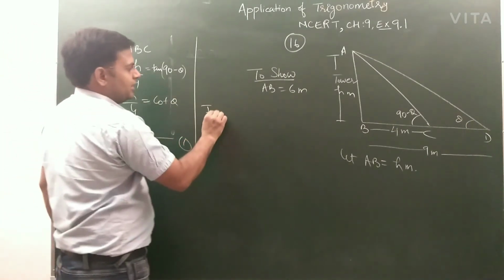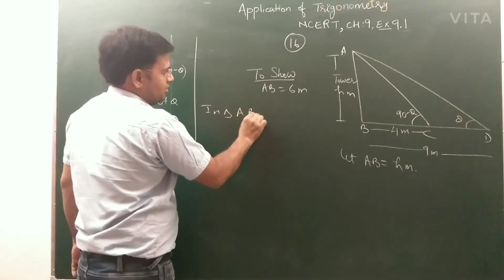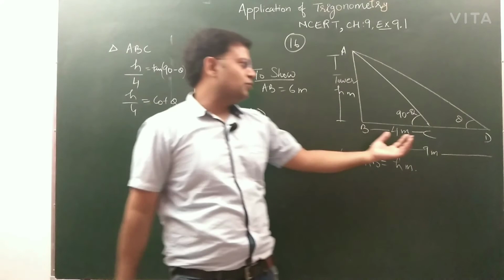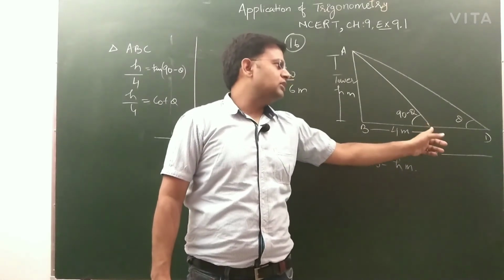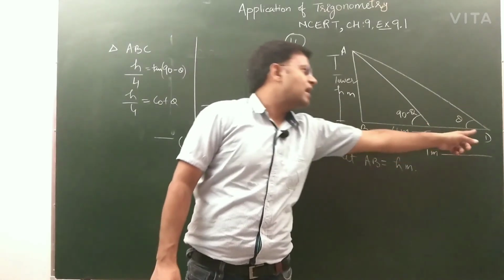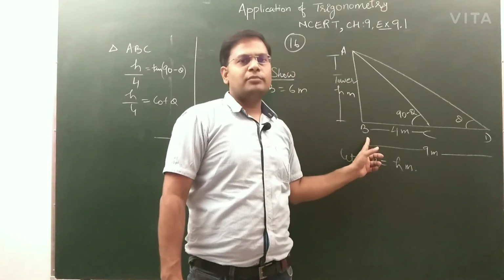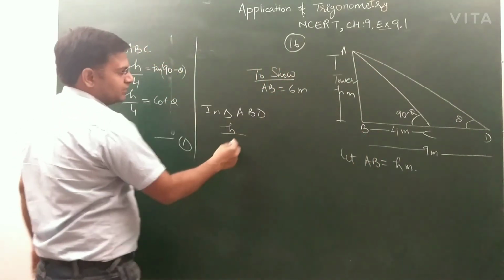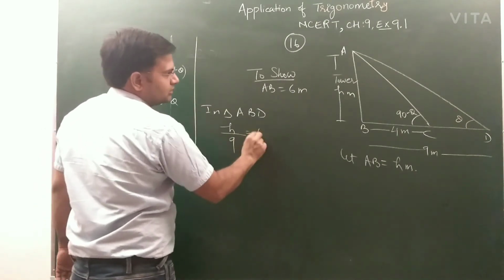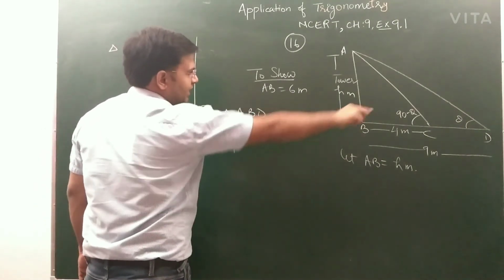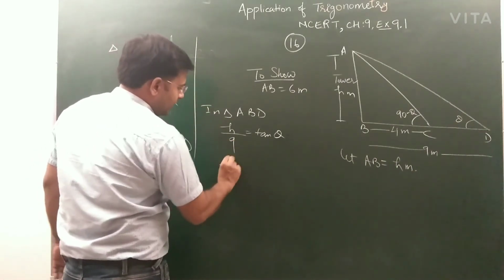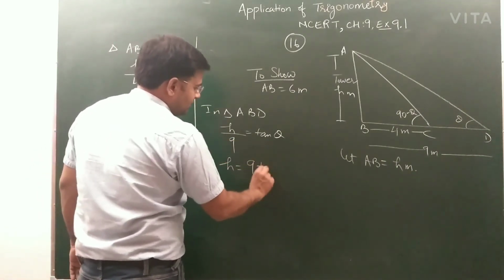Now in triangle ABD, it is given in the question that these two points are 4 meter and 9 meter away from the bottom of the tower. So h upon 9 is equal to tan theta, because the angle is theta. So h is 9 tan theta.